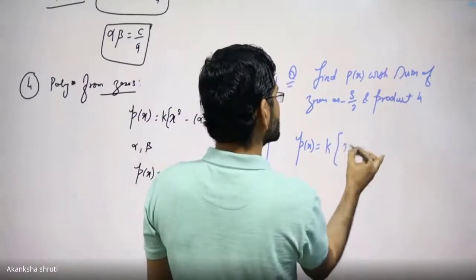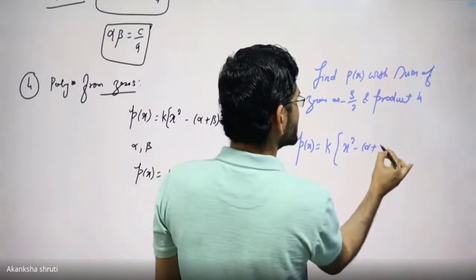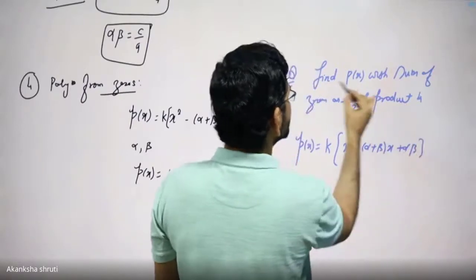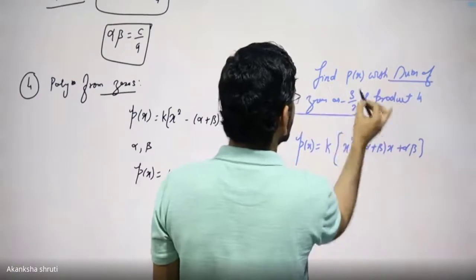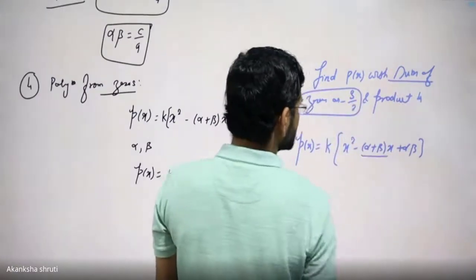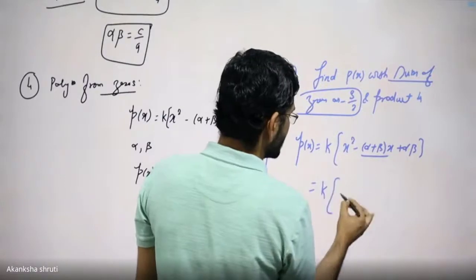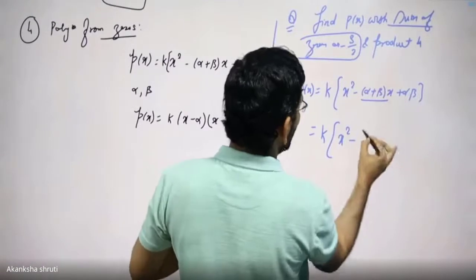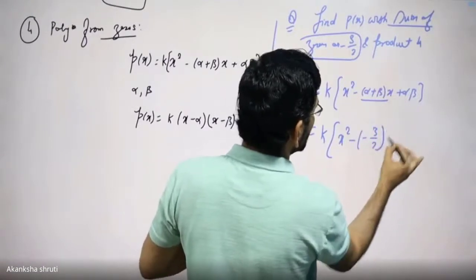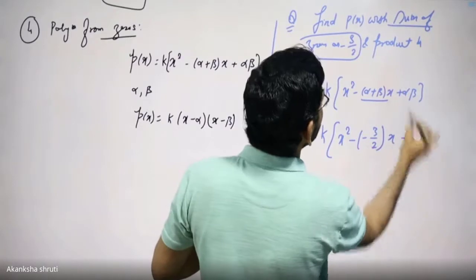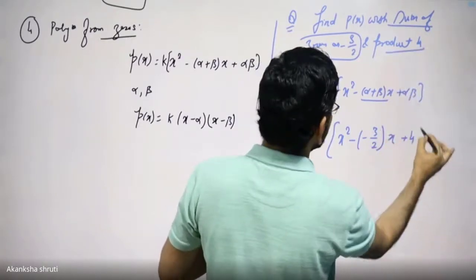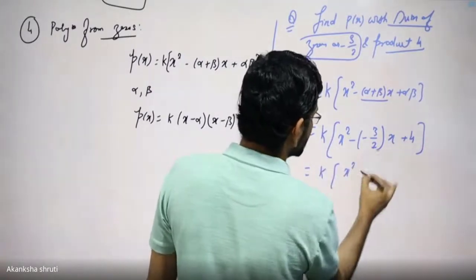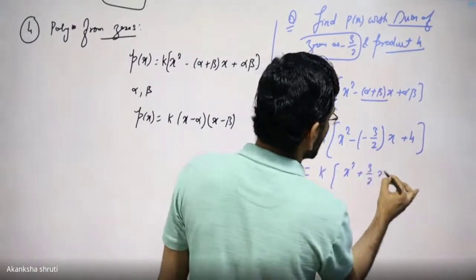So student, x square minus of alpha plus beta x plus of alpha beta. Here it is given that the sum of zeros is this much. This is equivalent to alpha plus beta. So take this k outside, x square, then minus, what is this? This is minus 3/2 x plus the product, which is 4. So put this 4 as it is. It becomes k times x square plus 3/2 x plus 4.